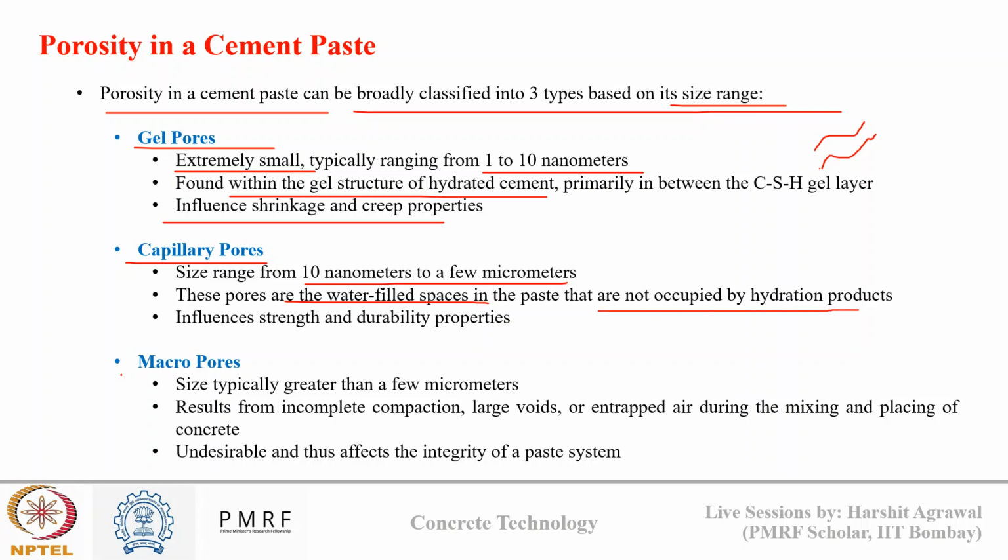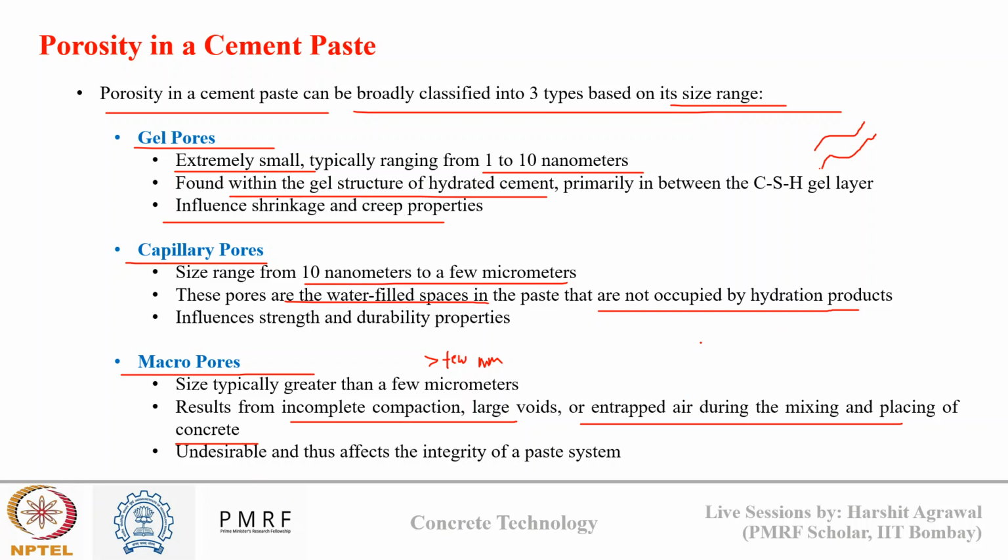And then there are macro pores, which are more than a few mm in size. These pores result from incomplete compaction or entrapped air during mixing or placing of concrete. Suppose during concreting we didn't provide proper consolidation or vibration.